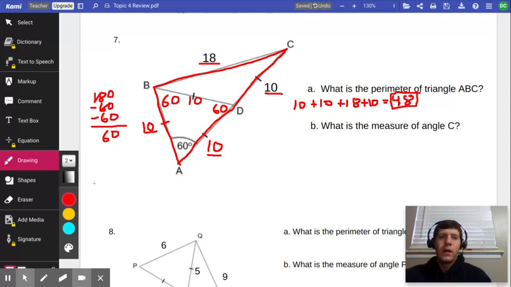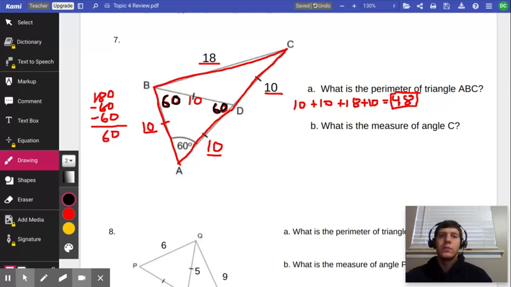Okay. If we're dealing with the angles here, then we have 60. Maybe I should do the angles in black. Okay, so we determined if that's 60, and since it's isosceles, this one is 60 as well, which means it's actually equilateral because it's going to be 60, 60, and the third angle has to be 60 as well. Okay.